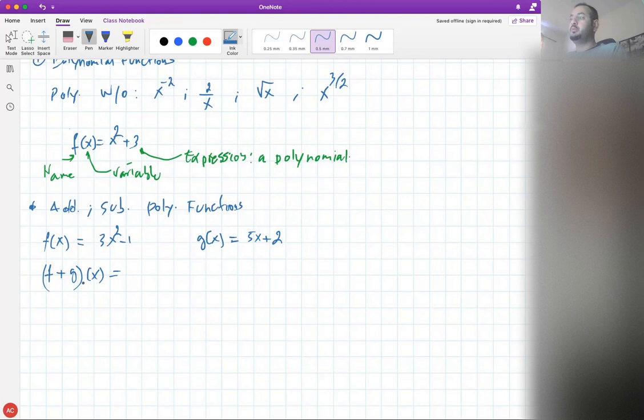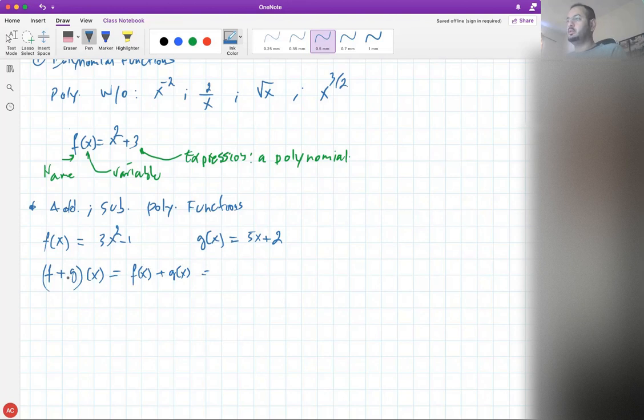And this does not mean a multiply by x. It does not mean a multiply by x. It just means of x, or the variable that these two have. So we add the two functions together. And again, this is not a multiplication. It just means f plus g of x, which means both functions have the variable x. And when you see this, it simply means f of x plus g of x.